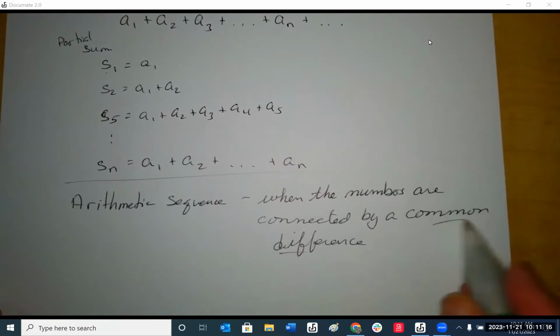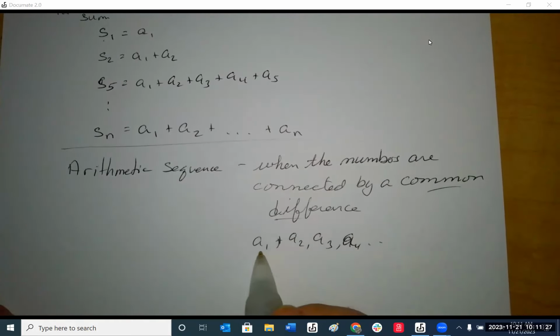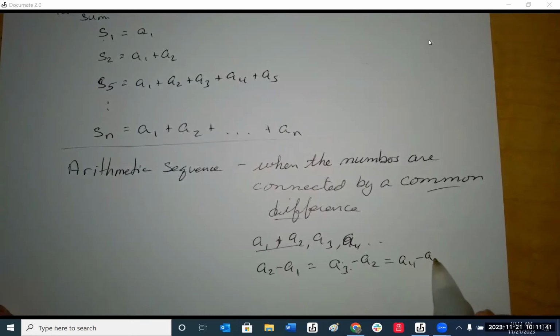So we just say common difference because if we have a series of numbers A1, A2, A3, and so forth, A2 minus A1 will give us a number. It'll be the same number as A3 minus A2, which will be the same difference as A4 minus A3.